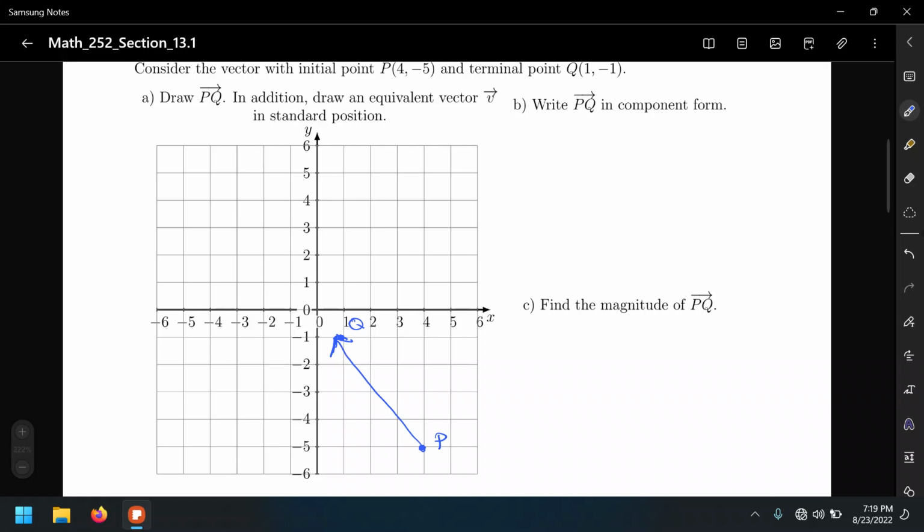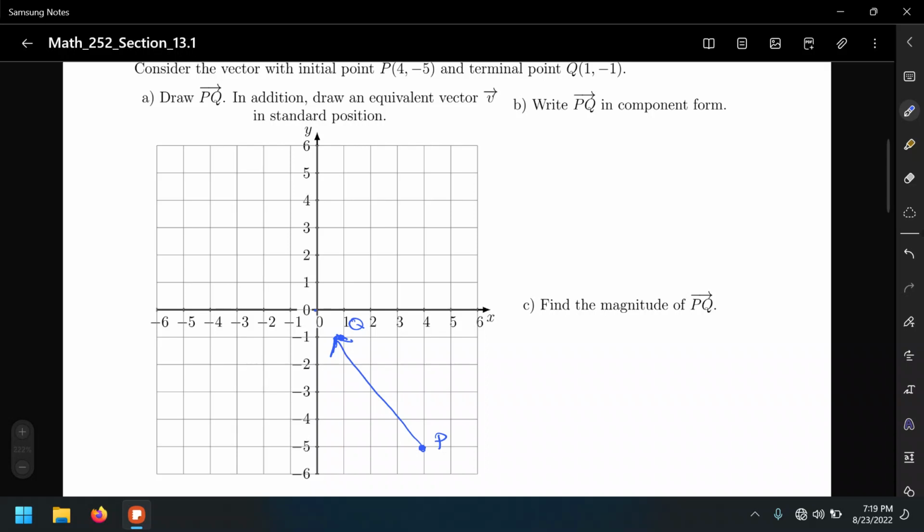For part A, draw the vector PQ in standard position. What we did is draw the free vector, a vector that will have the same magnitude and the same direction as the vector in standard position. In order to do that, we need to go to the origin and count the same number of units in each direction for the given vector.